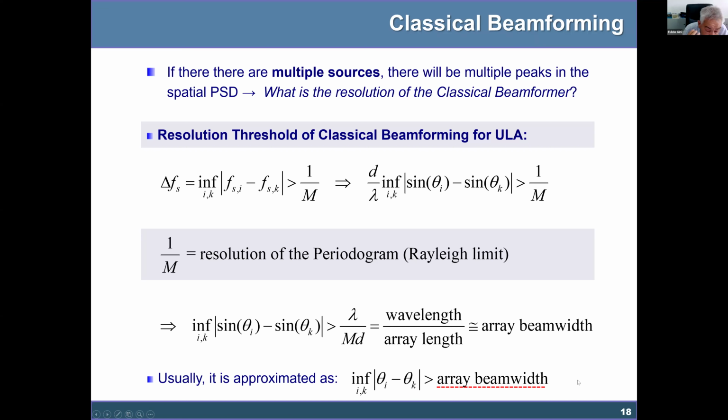And this is very intuitive: you can separate two sources coming from two different angles only if the difference between the two directions of arrival is at least greater than the array beam width, so the width of the main lobe of the beam pattern. We will see some numerical examples, obviously, but this is a very intuitive result.